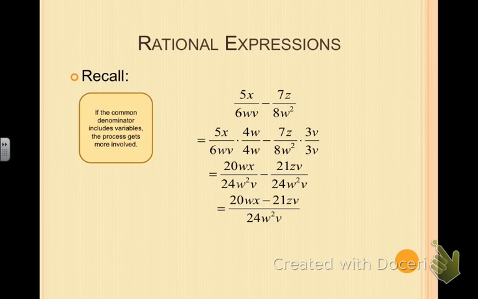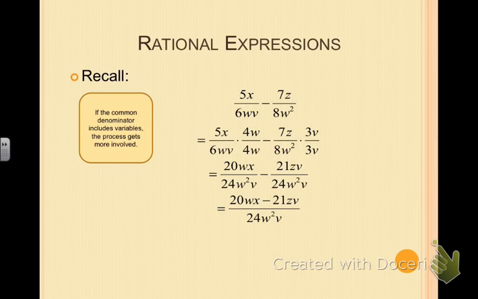And we must multiply 7z over 8w squared by 3v over 3v, because 8w squared times 3v equals 24w squared v. This results in equivalent fractions of 20wx over 24w squared v and 21zv over 24w squared v.